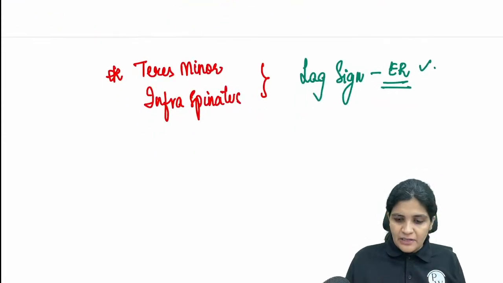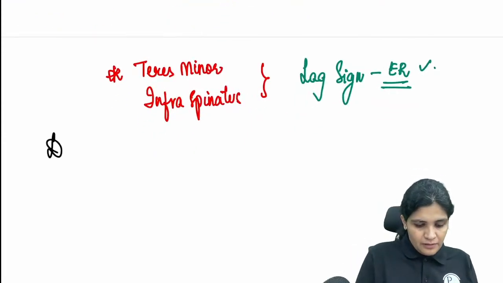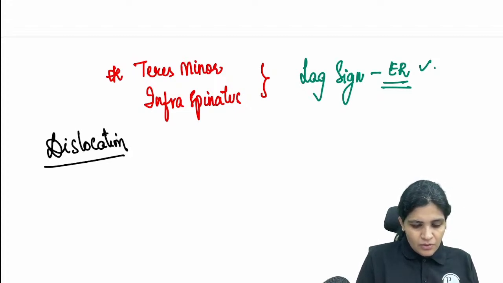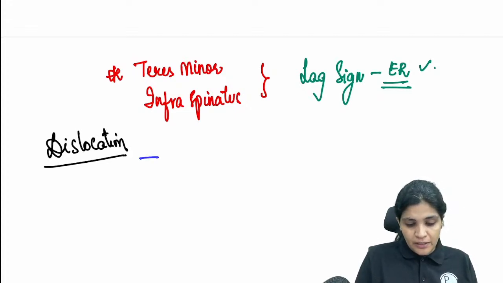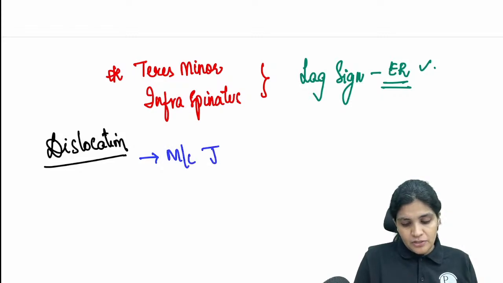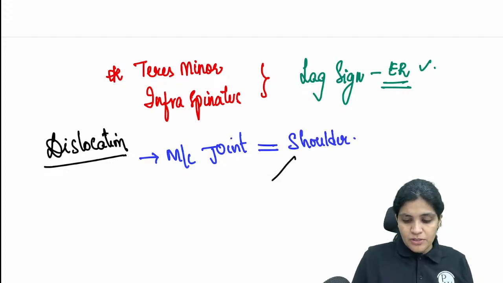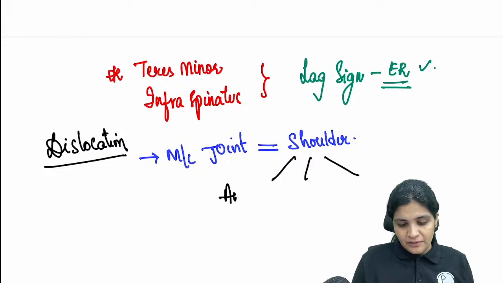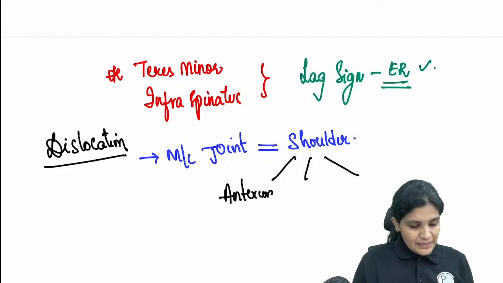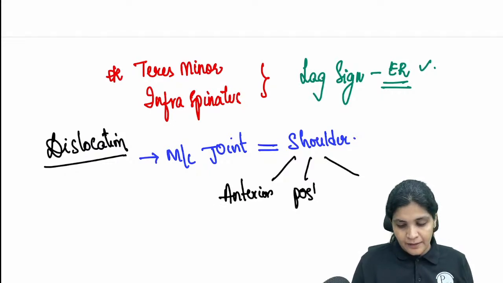And now a little bit of the dislocation we will learn, because again they will ask you. So coming to the dislocation of the shoulder, the most common joint which can be dislocated is your shoulder joint. And in the shoulder joint, what is the most common type? So there are three types: anterior, posterior, and inferior, right?